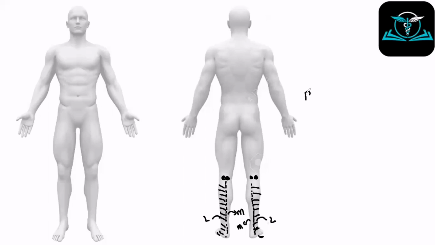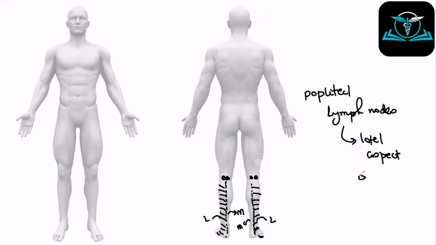So please note that the exception to the inguinal lymph node drainage is that the popliteal lymph nodes take care of the lateral aspect of the leg and then the sole of the foot.